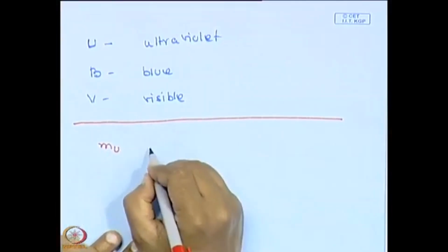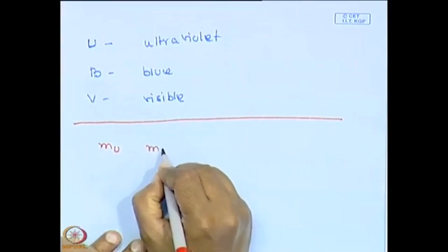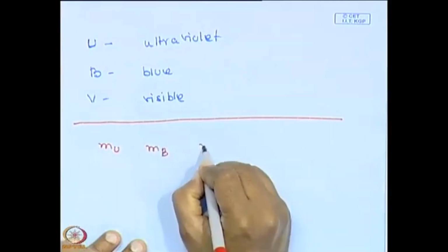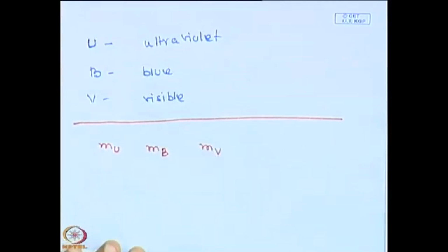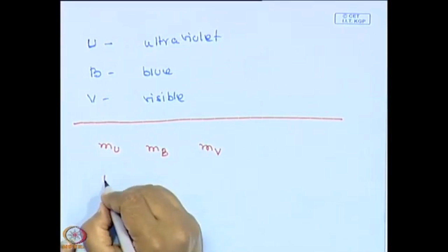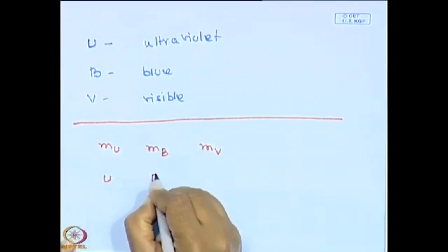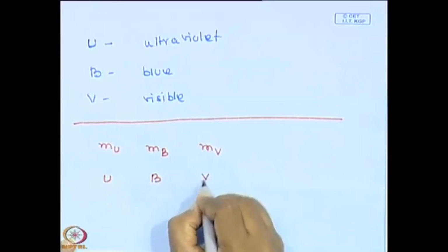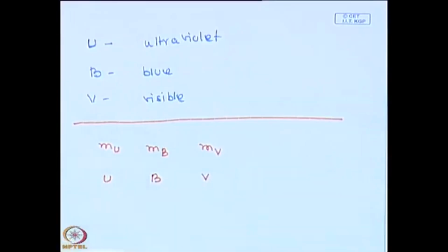The apparent magnitude in the B band will be referred to as mb, and the apparent magnitude in the V band will be referred to as mv. Okay. Or it could be U, B and V. So, there are different notations to refer to the apparent magnitude in different bands.